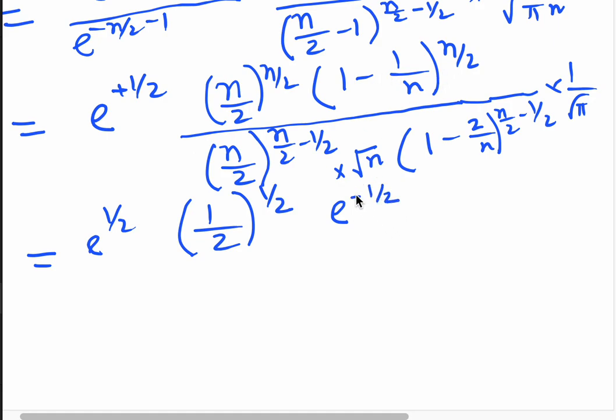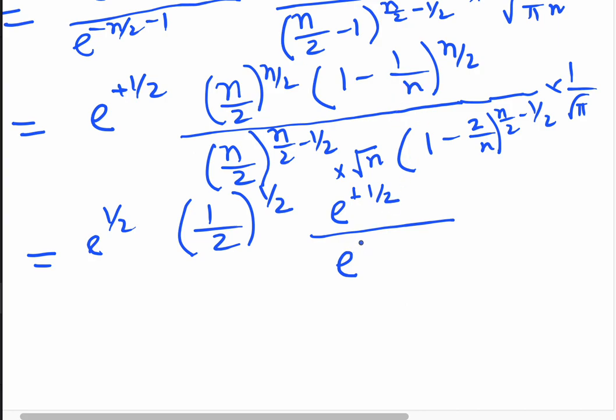Sorry, the first term will become e to the power plus half, and this term will be, okay, this will be that, and the lower portion will become e to the power half.